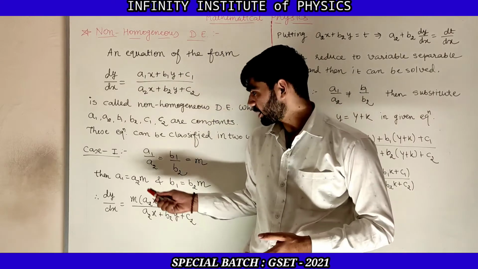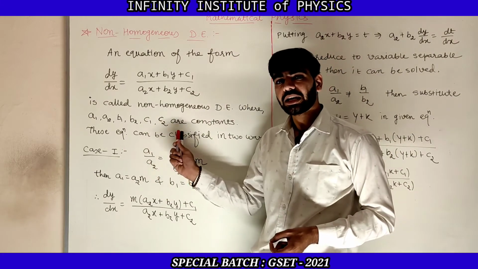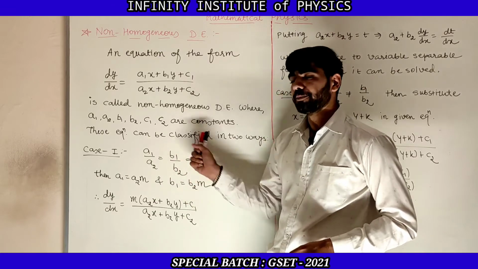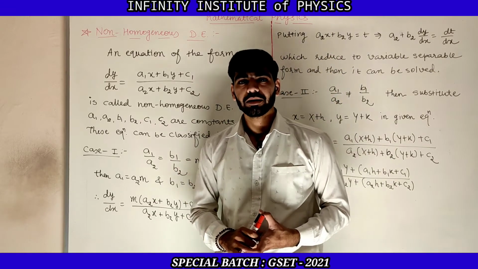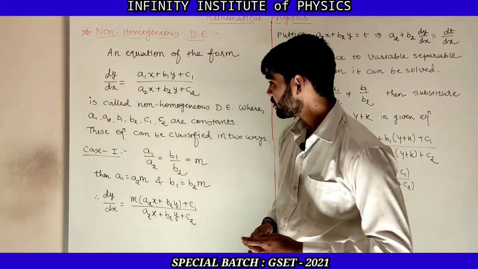So this is the particular case where the ratio of the coefficients of x and the ratio of the coefficients of y are both the same, that is m. This is the particular case for the non-homogeneous differential equation.